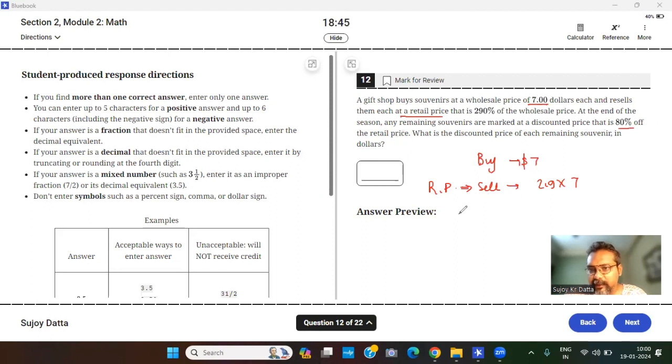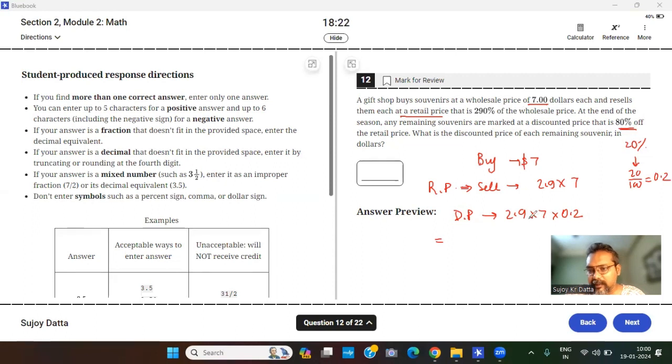Okay, so for the remaining, the discounted price DP is 2.9 times 7 times 80% off. So that means you give away 80%, so you're left with the remaining 20%. So it is 0.2, because 20% is 20 over 100, which is 0.2. The discounted price is what they want. So now you have to do an exact calculation.